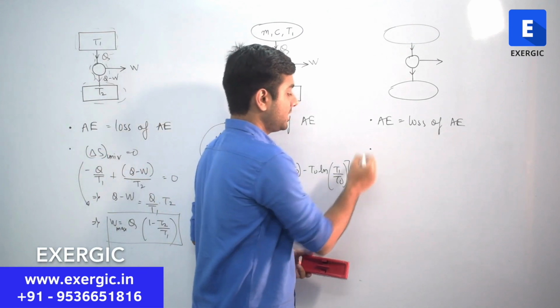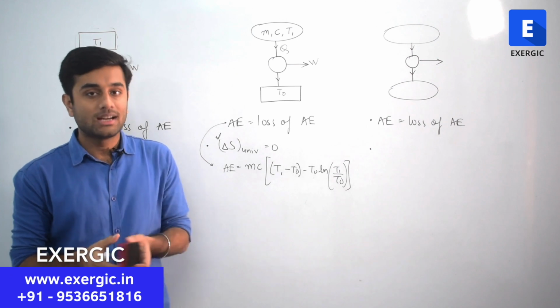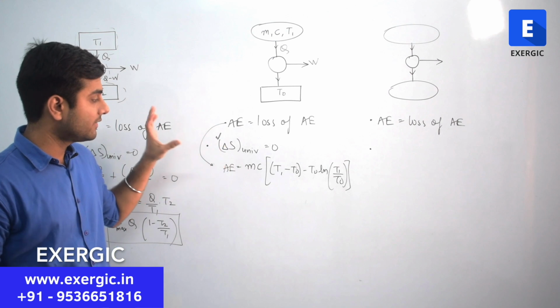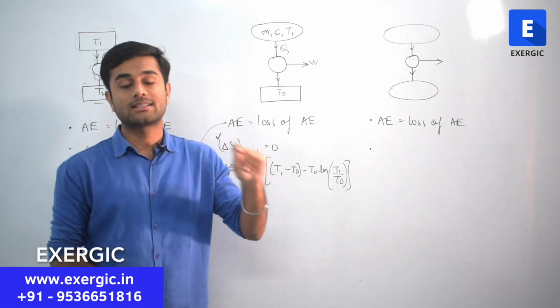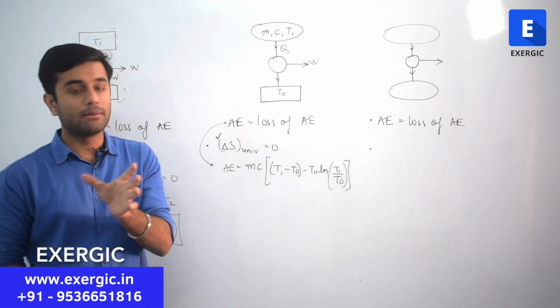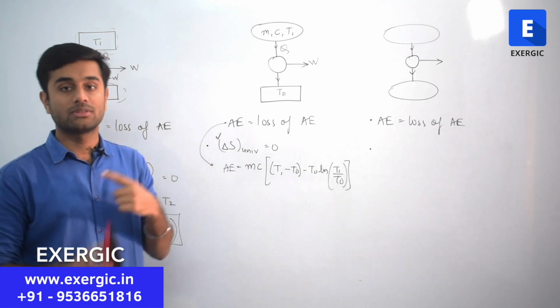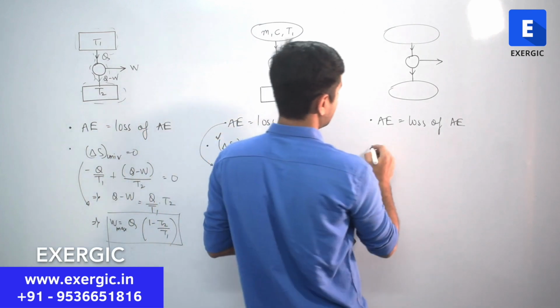You see how it is related with the entropy, right? Available energy is so related that the same expression that we derived in delta S is going to be used as available energy because available energy is nothing but maximum work extracted from a reversible heat engine. Whenever the word reversible came, it means delta S universe is equal to 0. This is the concept of entropy. So this is how the available energy and entropy are closely linked together.